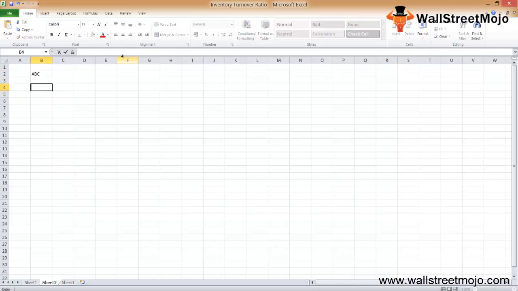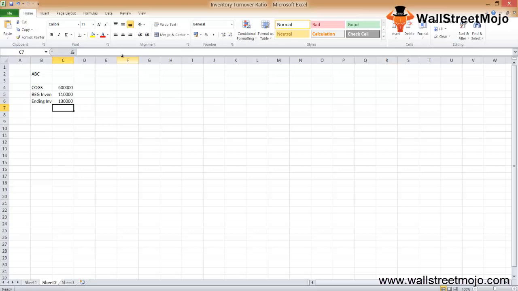The cost of goods sold is, let's say, 6 lakh. This is just a crude example. Then we have the beginning inventory, which is, let's say, 1 lakh 10,000, and the ending inventory is, let's say, 1 lakh 30,000.